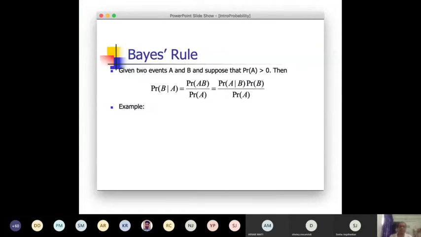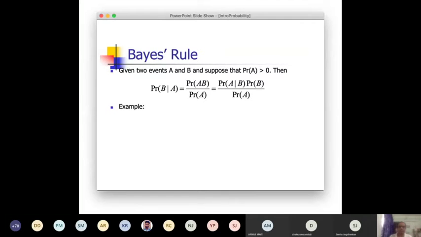As you can see in this rule, if I consider two events A and B, and of course you have to consider that, at least when you are expressing it in this form, the probability of A should be greater than 0, then this expression is true. Then the conditional probability of B given A is given by this expression.